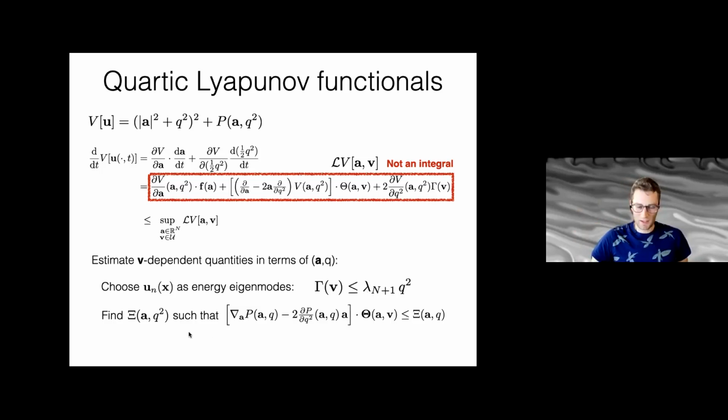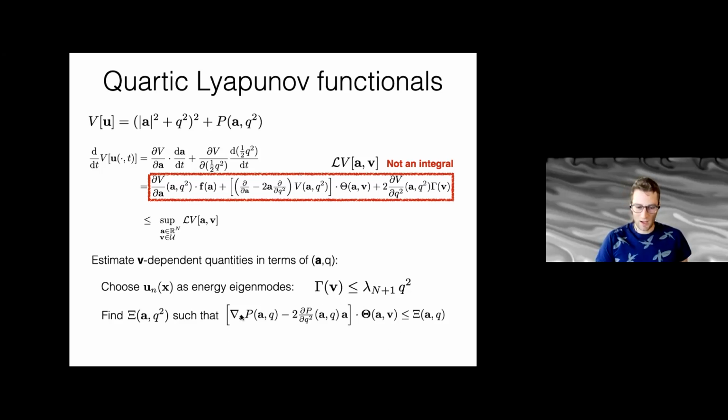Okay, and then I'm not going to go into details of how this is done, but this middle term, in a fairly technical way, I'm able to come up with a polynomial C that depends explicitly on the finite number of mode amplitudes as well as the energy of the tail that is guaranteed to be an upper bound on this middle term.